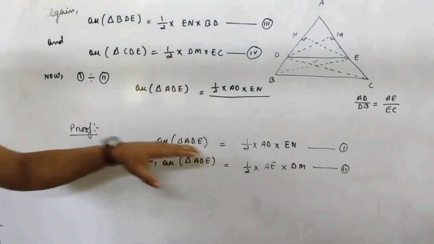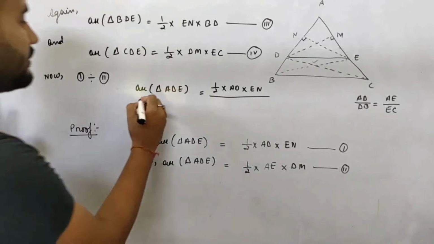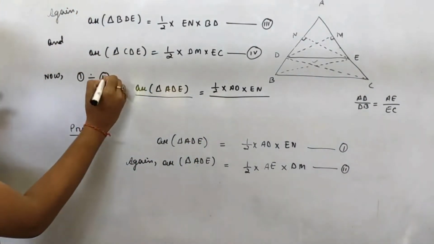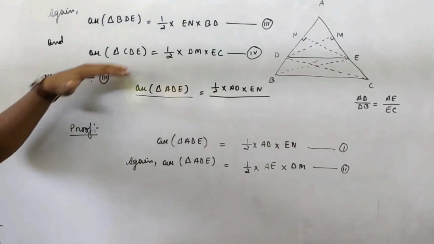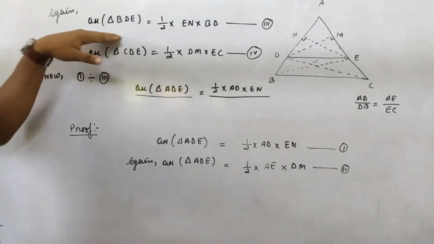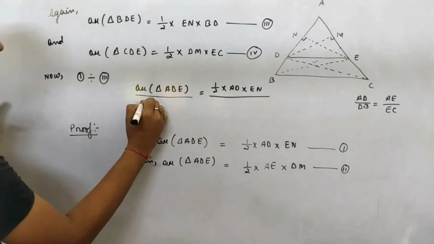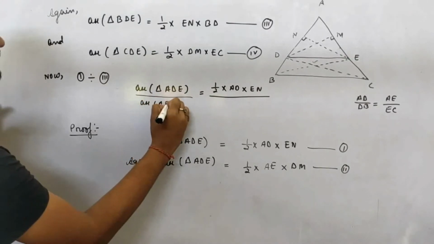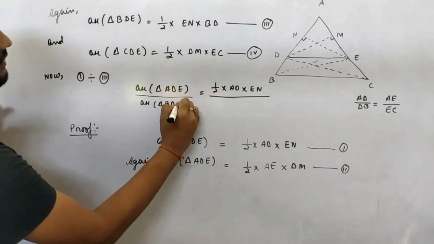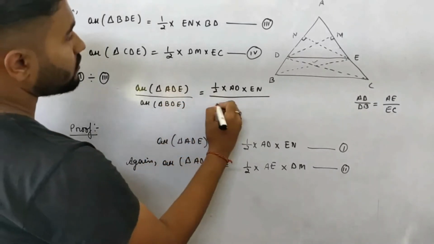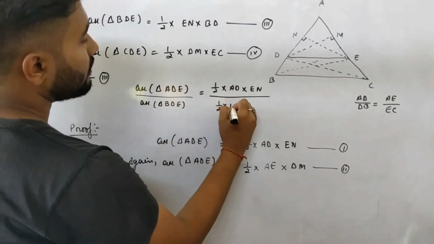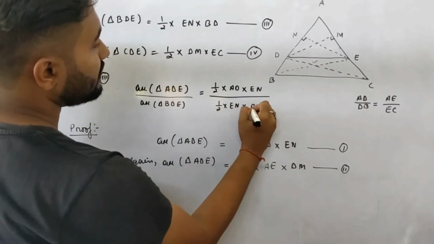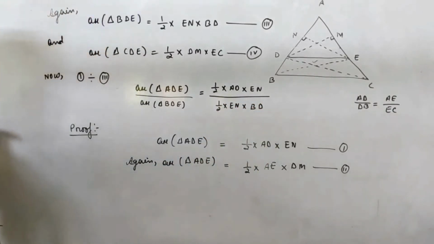This is equation 1 divided by equation 3, not 2, sorry, this will be 3. Divided by equation 3. What is equation 3? Left part, area of triangle BDE. This will be equal to half into EN into BD, or say DB, whatever you want to write, right?